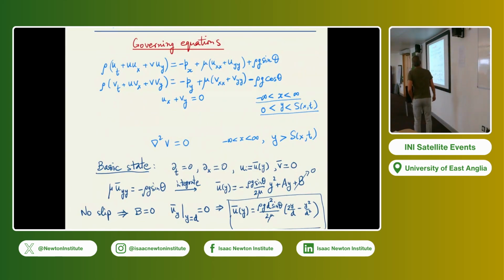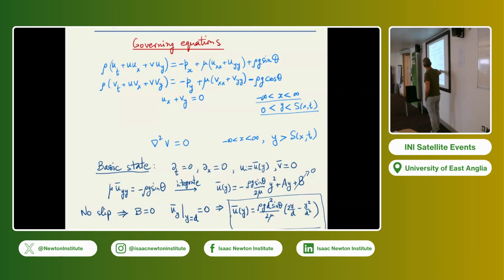So again, maybe I won't go through the details, but this is the dimensional problem of what I need to do, right? Navier-Stokes equations forced by gravity on this domain, minus infinity to infinity, and between 0 and S. And then I also need to solve the Laplace problem above, and then couple the two through the interfacial conditions.